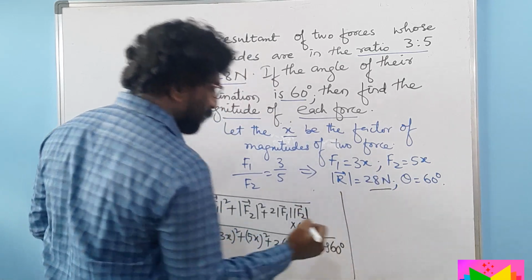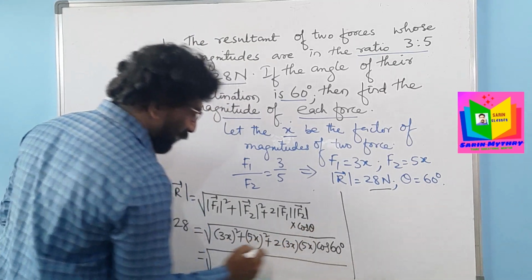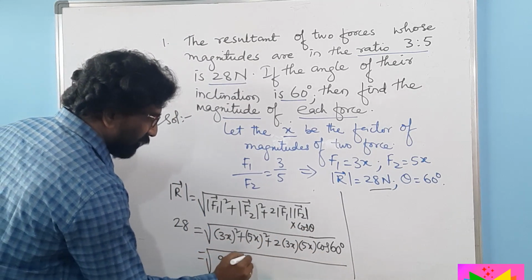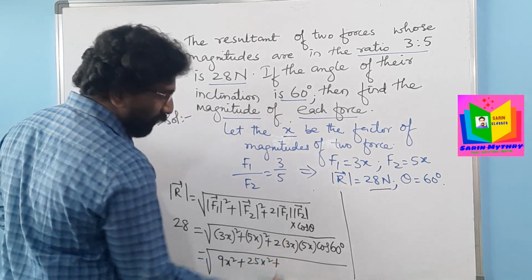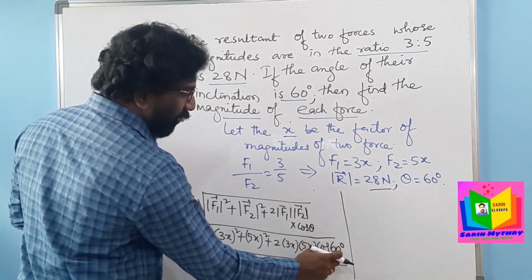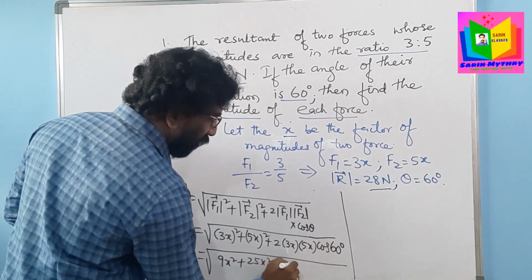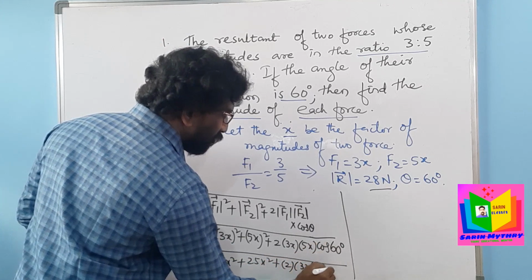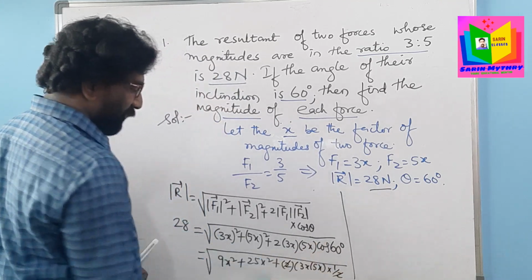Now if I simplify this, it is 9x square plus 25x square plus, cos 60 is 1 by 2, so I will not do any cancellation yet. 3x into 5x into 1 by 2, so 2 and 2 get cancelled here. So you will have only 15x square.